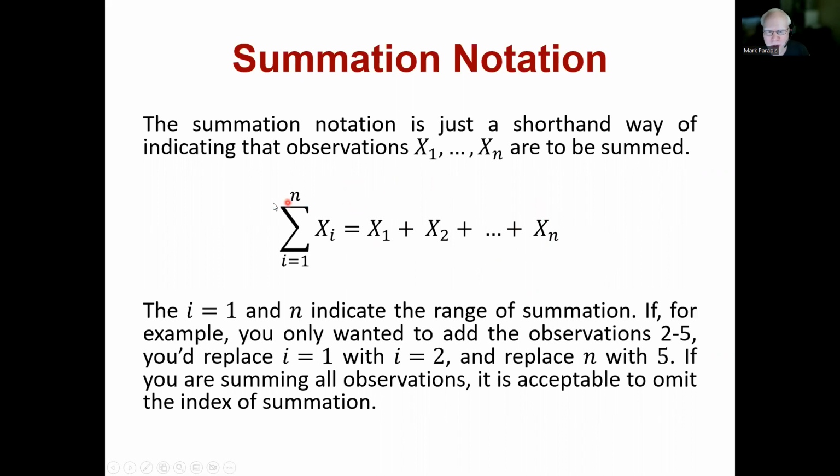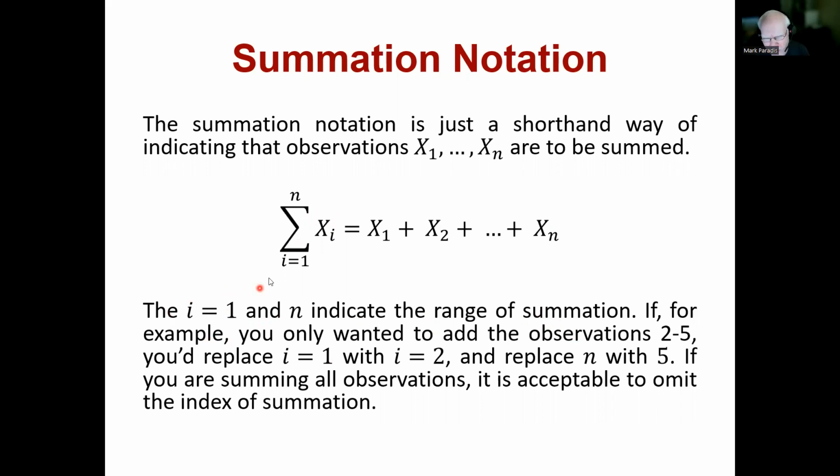The simplest way is using the summation notation, using the capital Greek sigma letter. And so we're saying the sum of all Xi observations, right? Remember, i is taking any individual observation. And we're summing observations within the data set X. And so the i equals 1 and the n here indicate the range of summation.